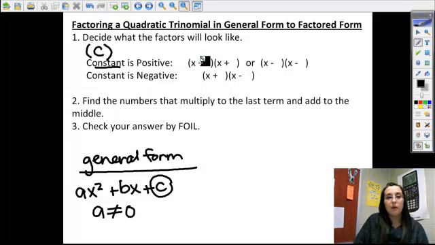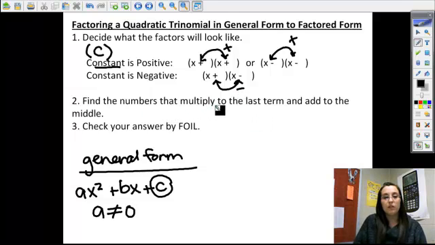This is basically what we knew already: a positive times a positive is positive, a negative times a negative is positive, and a positive times a negative will give us a negative. Step 2, we're going to find the numbers that multiply to the last term and add to the middle, and then we're going to check our answer by FOILing.